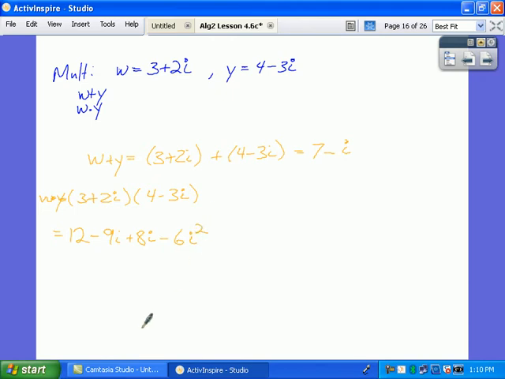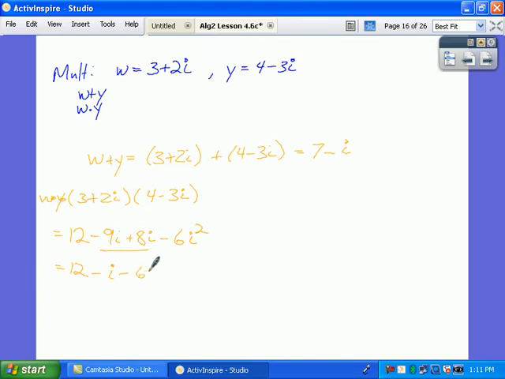Now, as a review from yesterday, we looked at what i squared equals. If you recall from yesterday, it just equals negative 1. So I'm just going to combine the like terms in the middle, and I'm going to rewrite the i squared as negative 1. So we have 12. Negative 9i plus 8i is just negative i.